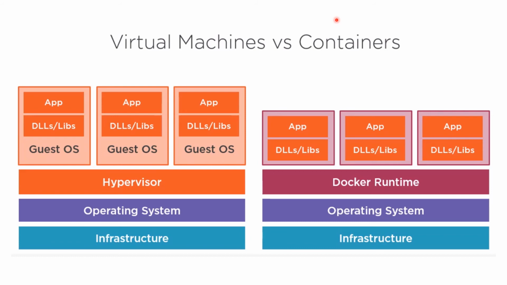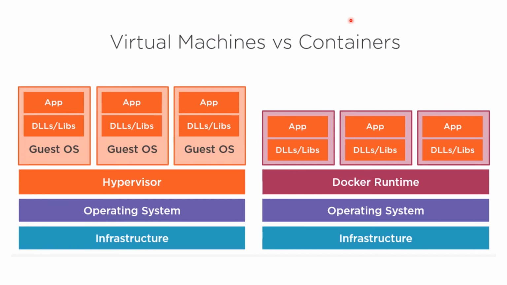Whereas in containers, it virtualizes the operating system. Host could be a physical or virtual server. Docker works as a hypervisor for containers, and a container only contains the application along with the dependencies like frameworks or binaries or libraries, as mentioned here.